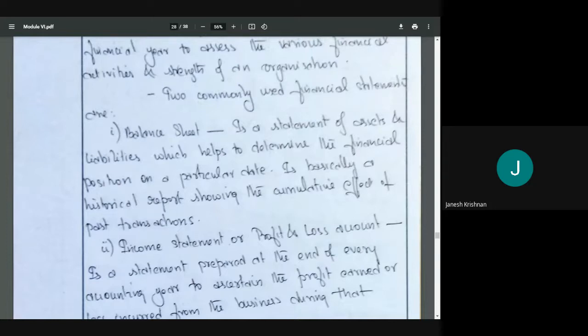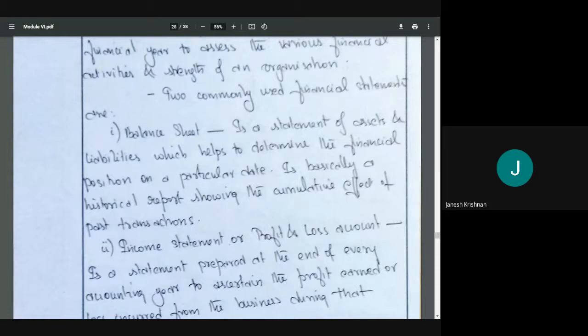I may have to pay my suppliers, so that becomes my liabilities. It helps to determine the financial position on a particular date. If my assets are more than my liabilities, then at least for the time being, I'm okay. I should make sure that my assets are always more than my liabilities.